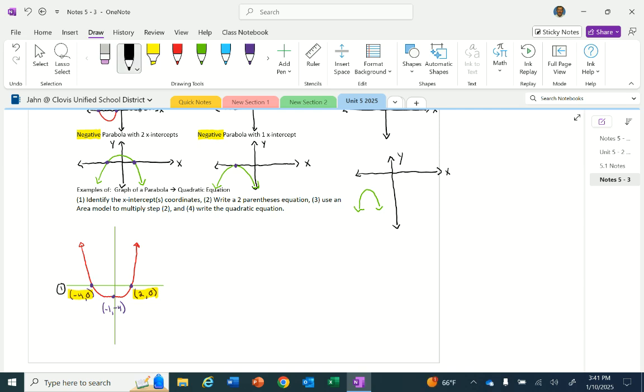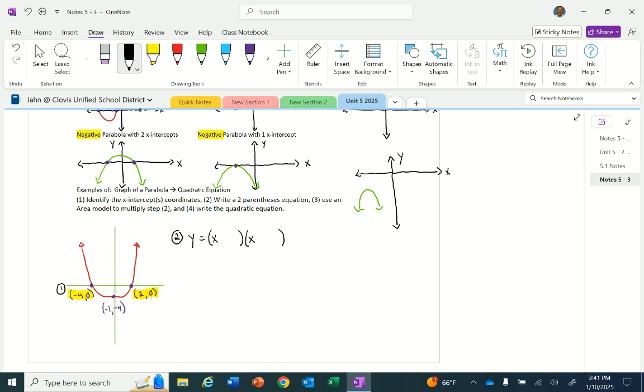Step number 2 is you're going to write an equation with 2 parentheses. Here's how the equation is going to look. You're going to write y equals, then set up 2 parentheses. At the beginning of each parentheses, you're going to put the variable x. And then next to the x, you're going to put the opposite of whatever the x-intercepts values are.